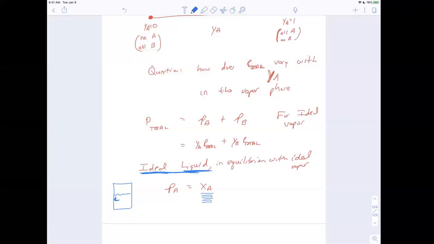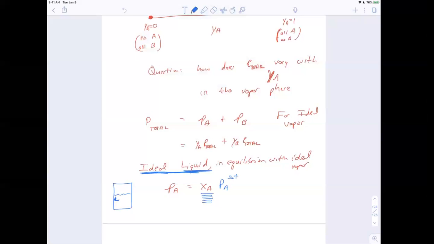So A is going to have some pressure being exerted above the liquid, and B is also. So the contribution of A from that pressure of molecules escaping from the liquid is written as X sub A times P sub A. We call this saturation or the vapor pressure of A.